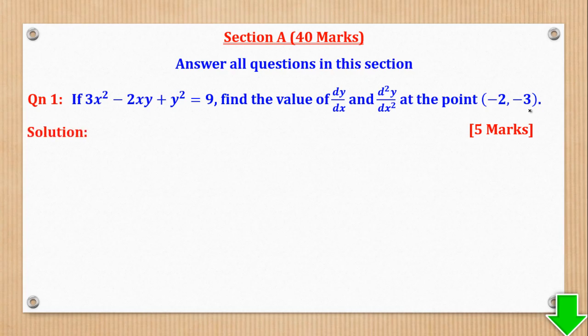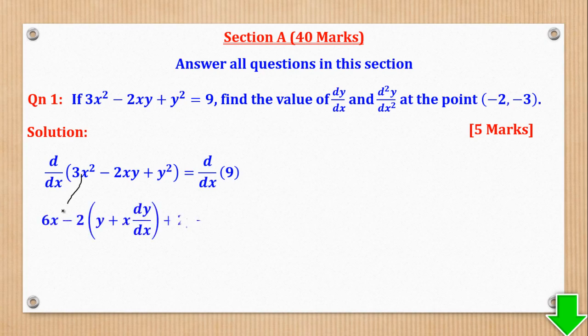So this is an implicit function. So I need to differentiate both sides. Therefore, differentiate this, you get that. Differentiate this, you come up with that. I think by now you know how to differentiate implicit functions.